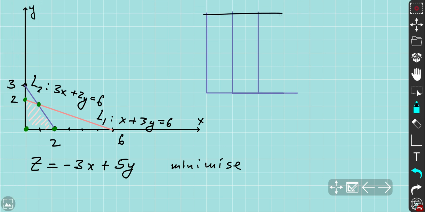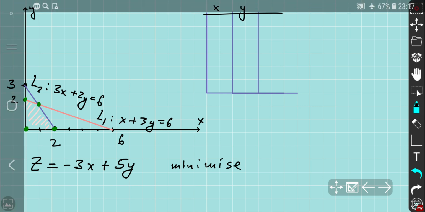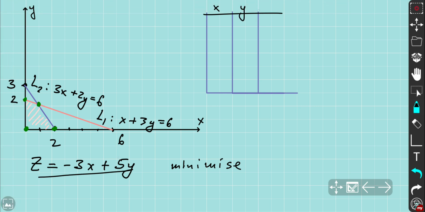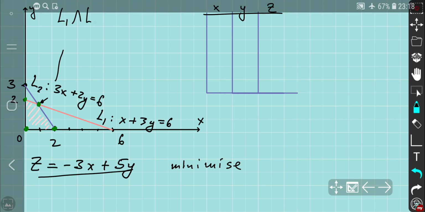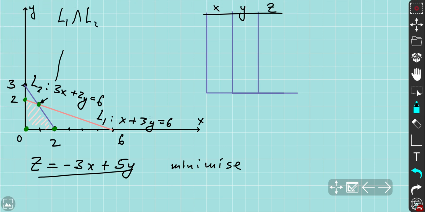First I'm going to calculate all the vertices I don't have yet. For example, for this green point I don't have the coordinates, so I'm going to calculate and clearly state them. This is the intersection of L1 with line 2, so we need to solve the system of equations.